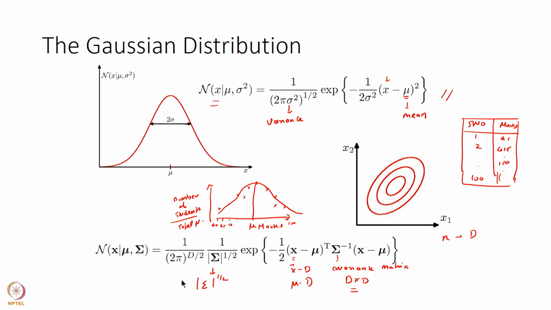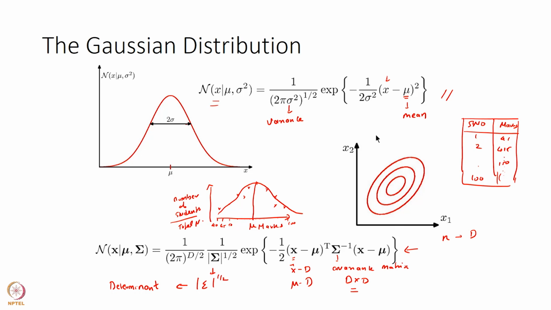So, this is the determinant. This is how the Gaussian distribution formula looks for a multi-dimensional x.